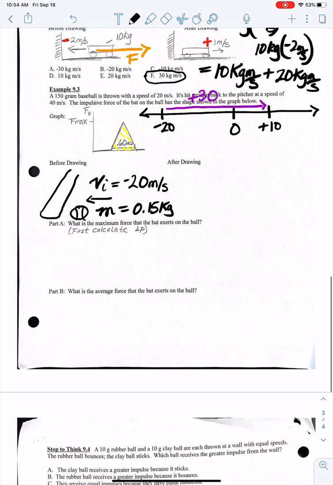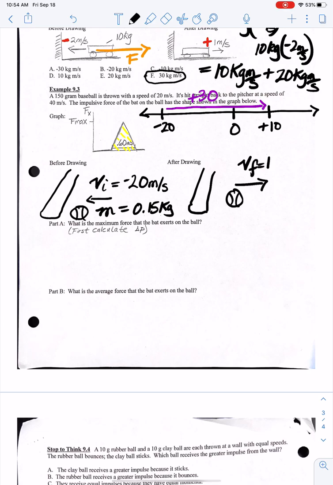Okay, so anyhow, final drawing: the bat is still moving forward somehow, and the ball is now sailing in the other direction, and the final velocity is now positive, equal to 40 meters per second.